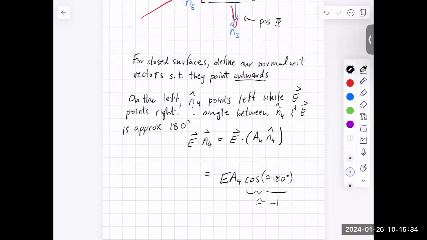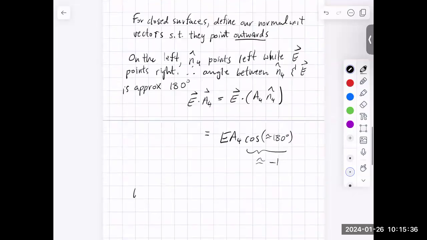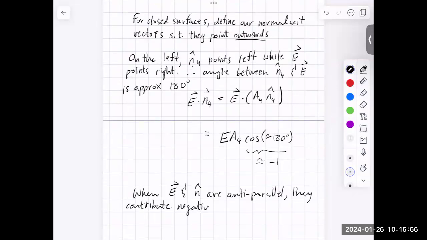Okay, so when the electric field and our normal vectors are anti-parallel, they contribute negative flux.